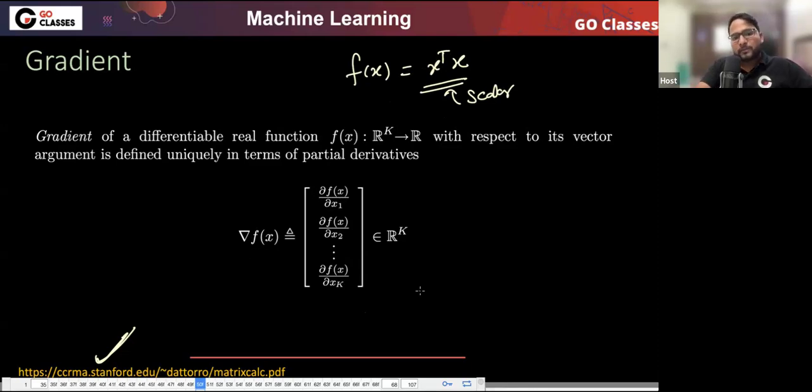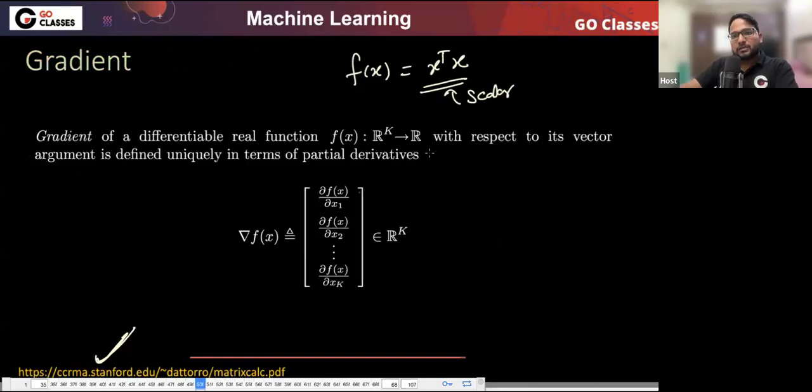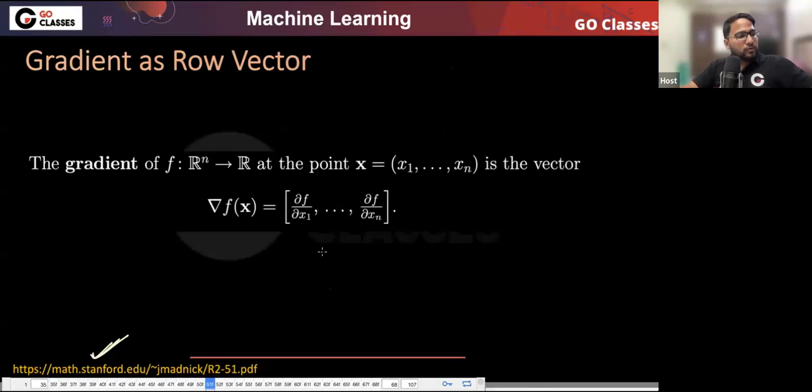For example, this slide I have taken from a Stanford course. Similarly, you can write the gradient as a row vector also. This slide is also from Stanford. You can see both of the slides are from Stanford. In one of the courses they have used the gradient as a column vector, in another they have used the gradient as a row vector.